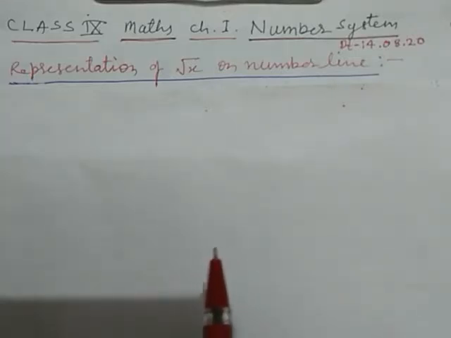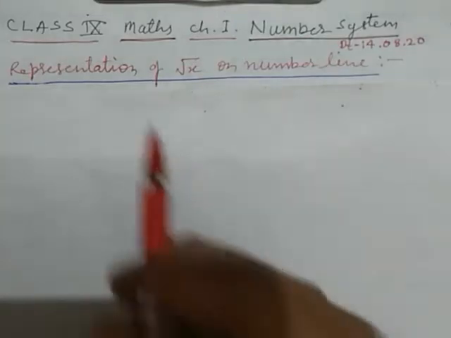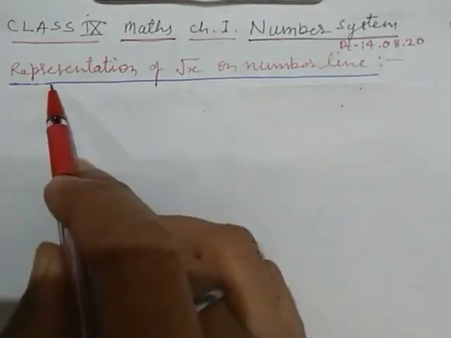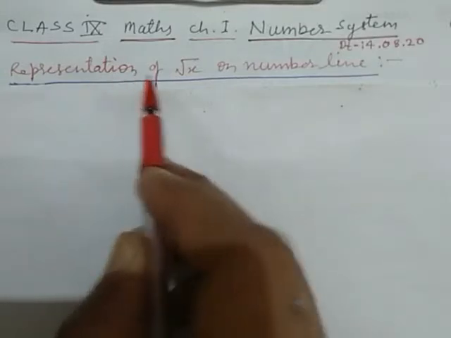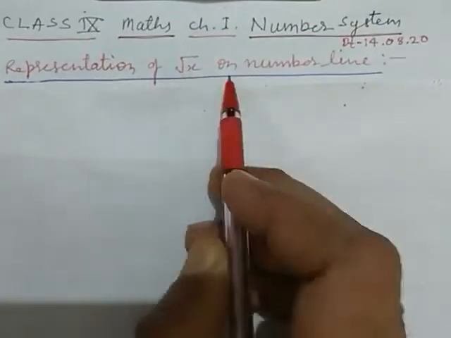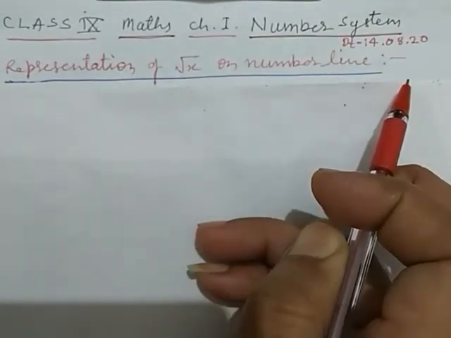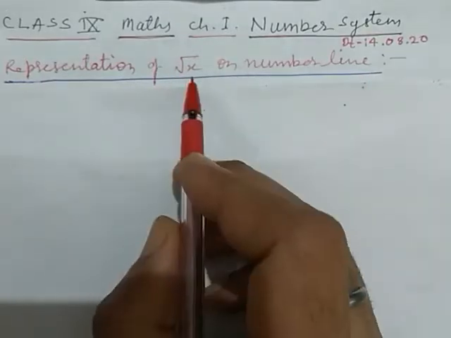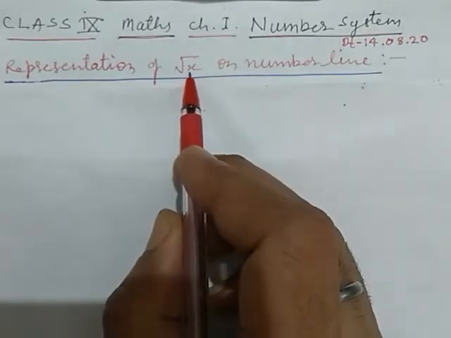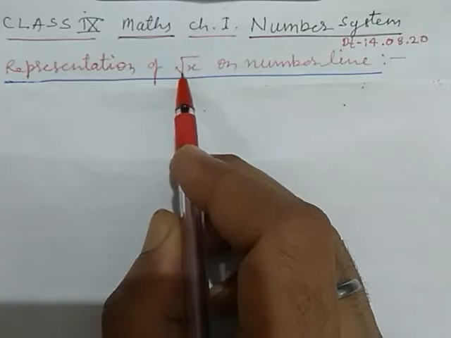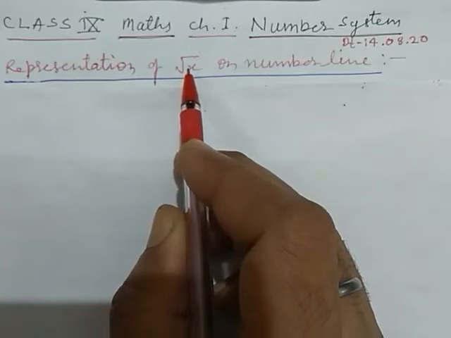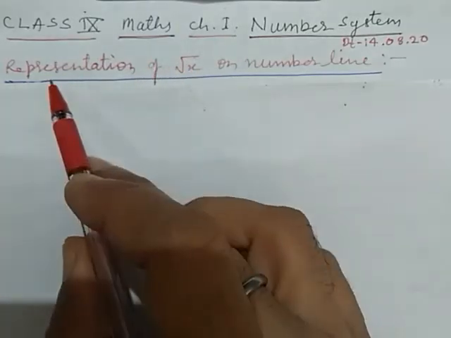Today we are continuing our chapter 1, Number System. In this, today we learn to represent root x on the number line. If our number is root x and we have to plot it on the number line, what is the procedure?